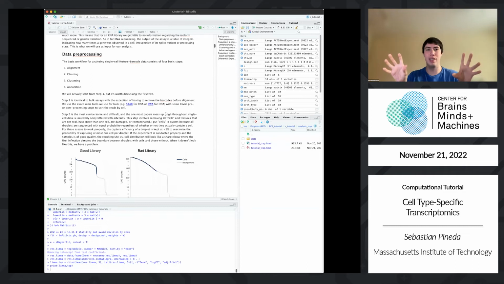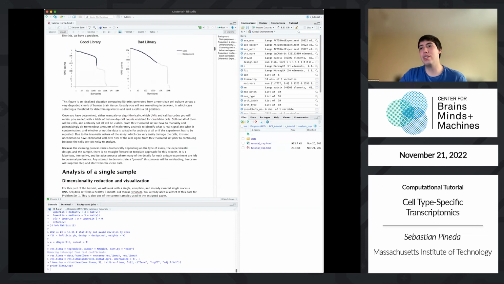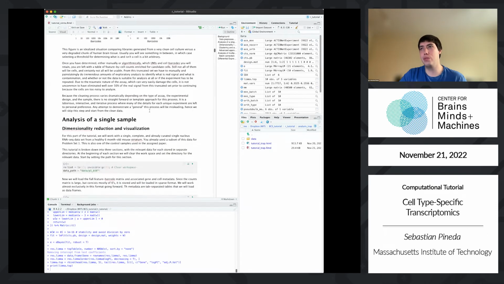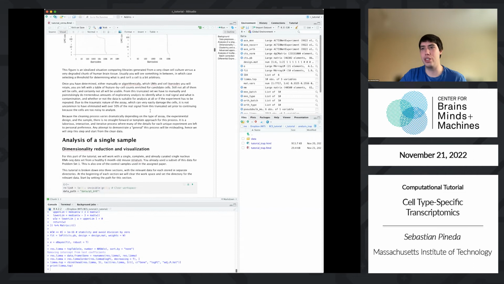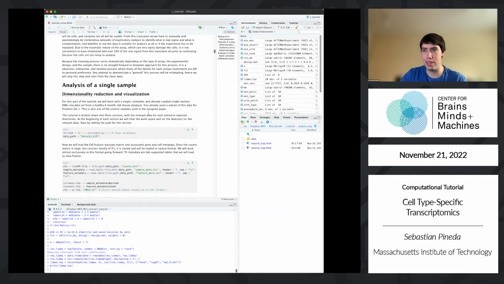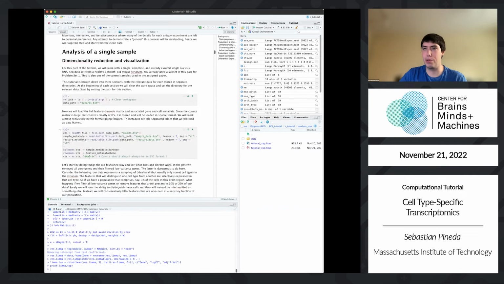That's the annotation part. So you need some sort of prior knowledge on the brain region or the organ you're looking at to know what cell types to expect and how to label them. So we're just going to assume that we have good, clean data to start with. And I'm going to show you what that looks like.